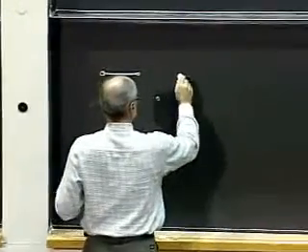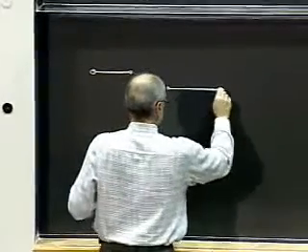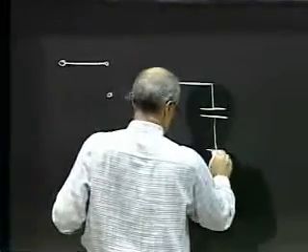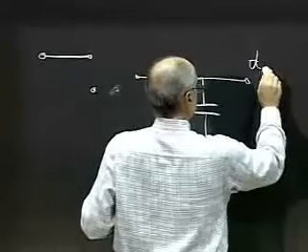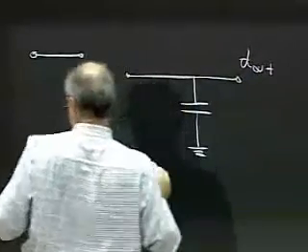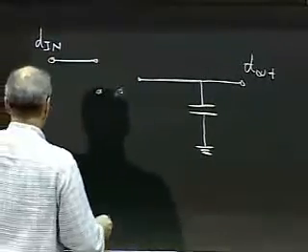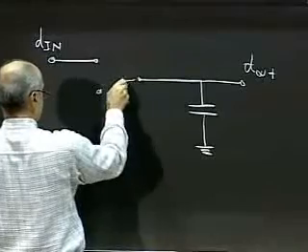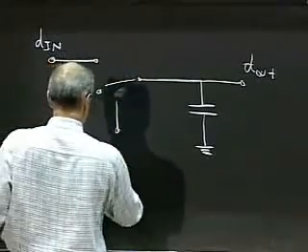Suppose I have a switch here, like this. And I'll put a capacitor and take my D out here. Okay? So this is D in. And the switch is operated by a command here that we will call store.